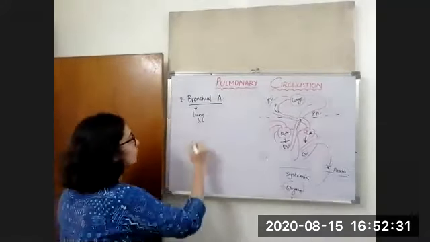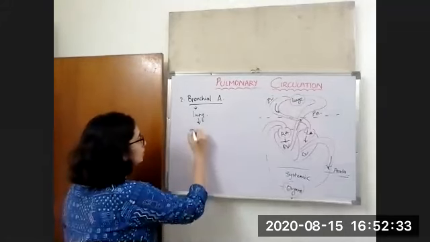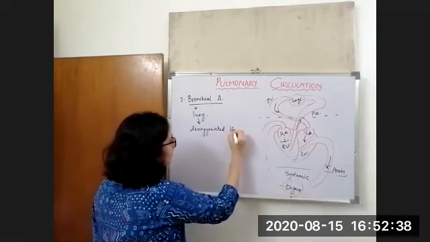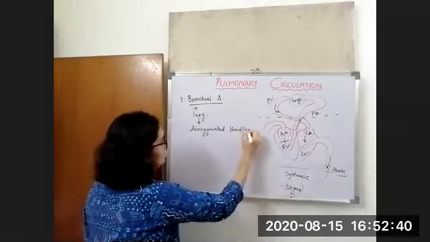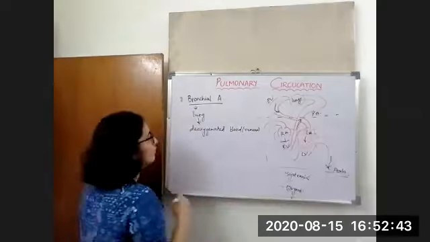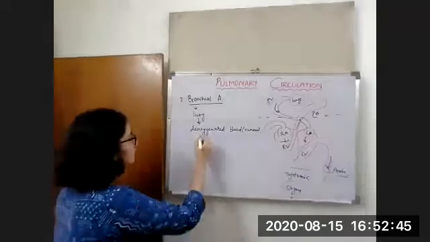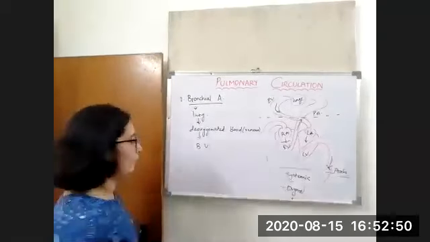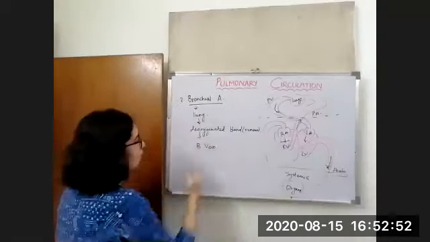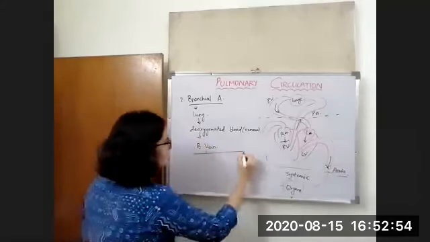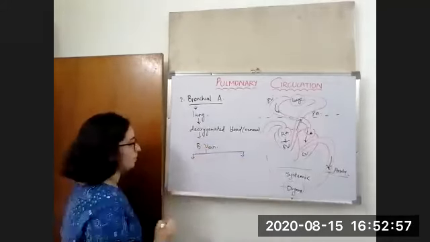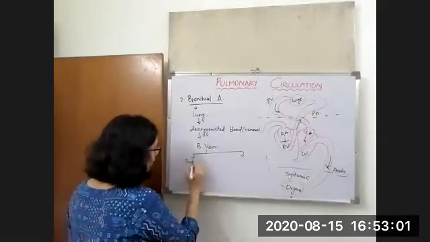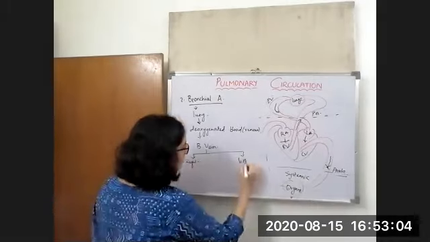From there, the deoxygenated blood, or the venous blood, is taken up by the bronchial vein. But this bronchial vein divides into two parts, the right one and the left one.